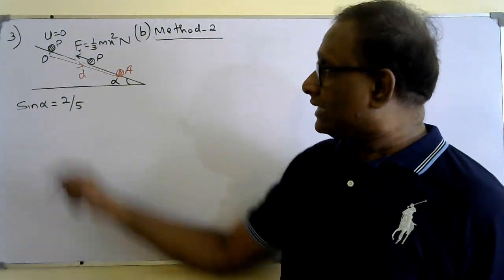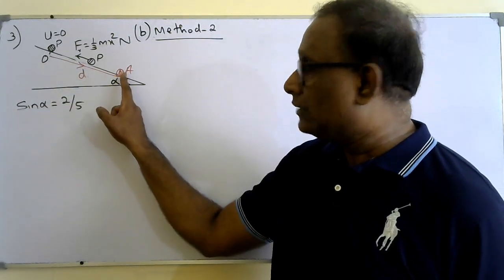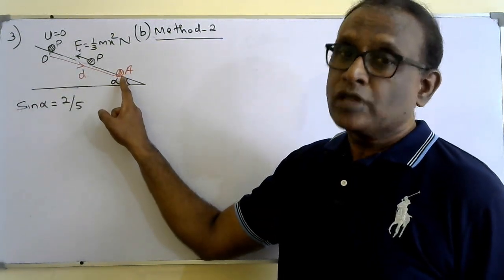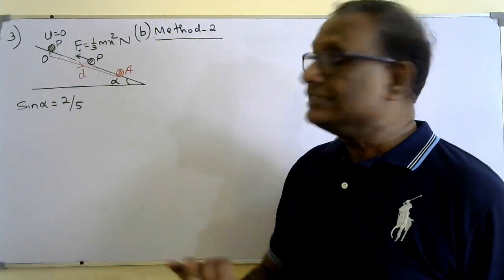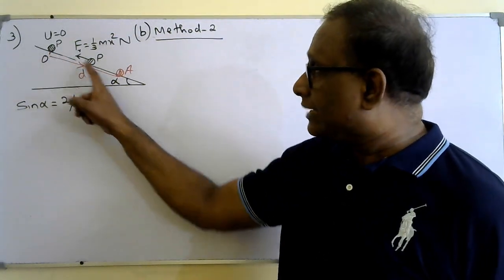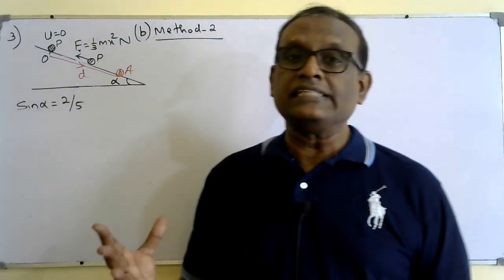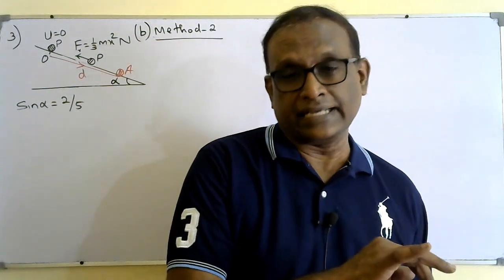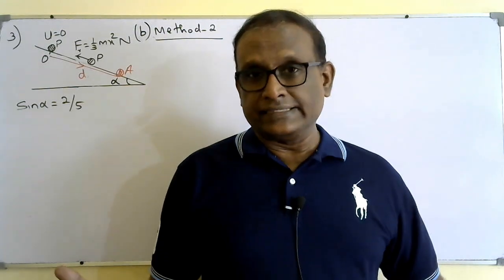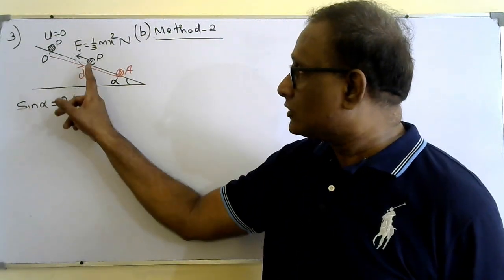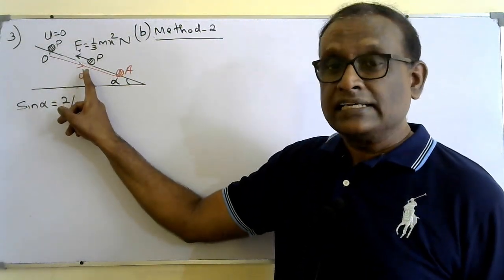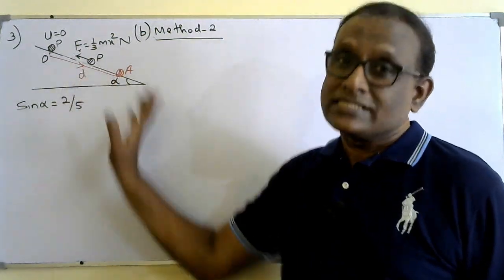So when I relate the initial point O and the final point A, where it comes to momentary rest, I can write the energy equation: loss in GPE, because it's moving down. All the loss in GPE has become work done against the opposing force. There is no net kinetic energy, because the kinetic energy it gained is lost again.